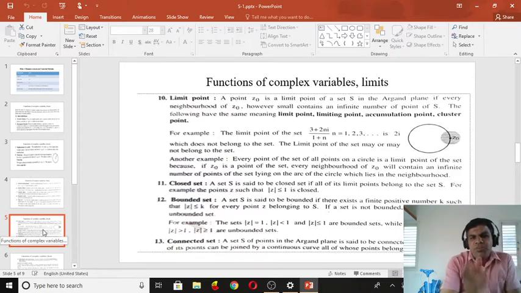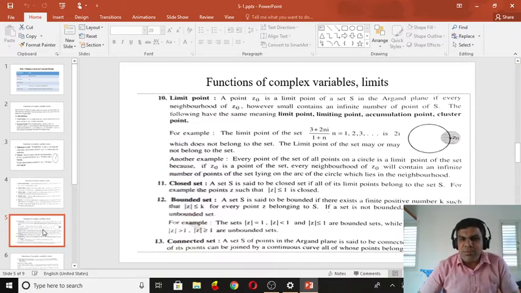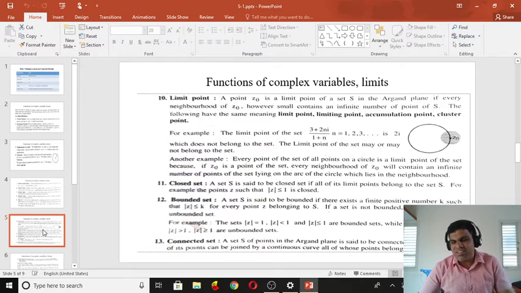Suppose a point Z0 is a limit point of a set S in the complex plane if every neighborhood of Z0, however small, contains an infinite number of points of S. Limit point, limiting point, accumulation point, and cluster point all have the same meaning. Again, I come to the definitions; this is basic.